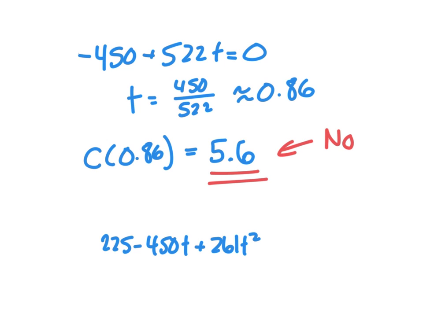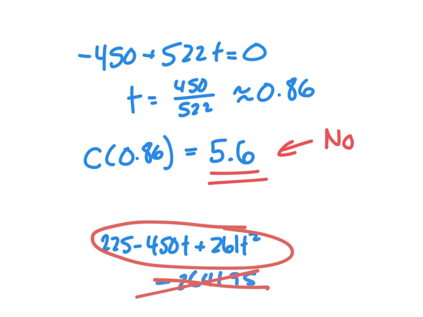Actually, I don't even need to graph it. All we have to do is check the discriminant and show that it's negative, meaning there's no real solutions to this thing. It's not going to cross the x-axis, and when you do that, you get something like negative 264,195. My point is, there's no critical point associated with the denominator, right? There's no undefined critical point. So this is our minimum.